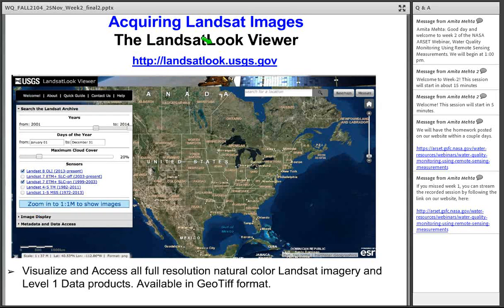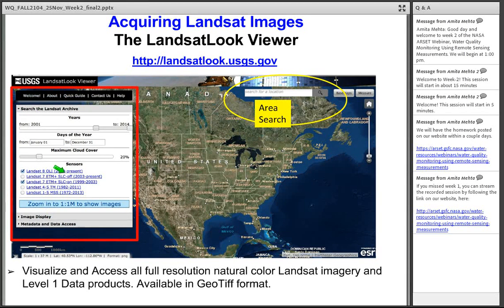LandsatLook Viewer is specifically designed for Landsat data, and it is useful for visualizing as well as accessing data. As shown here, which satellite data can be picked here. Time can be picked here, year and day.